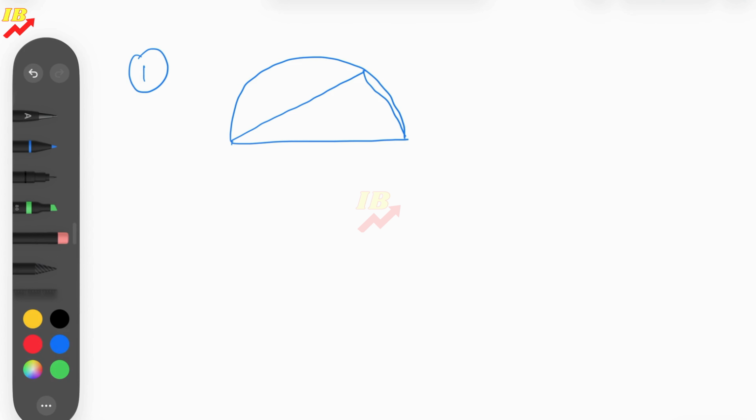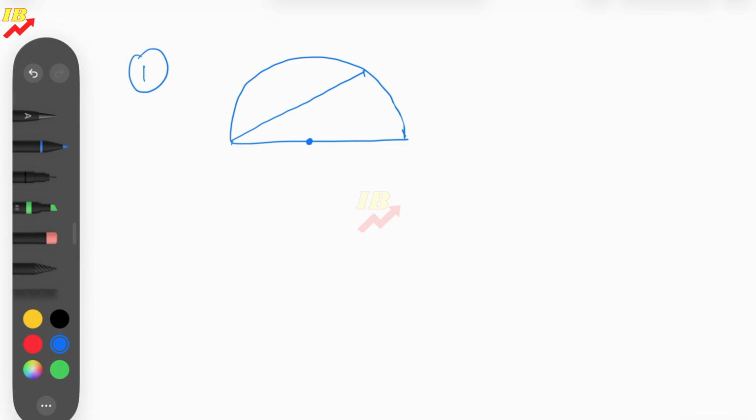Let's resume. I'll give you a question. If I'm taking an example like this, this is a semicircle. One more thing you need to remember: if I am not drawing a center here, that doesn't make a diameter.